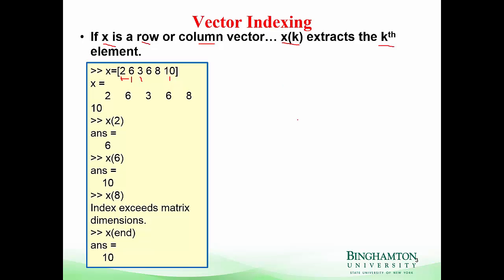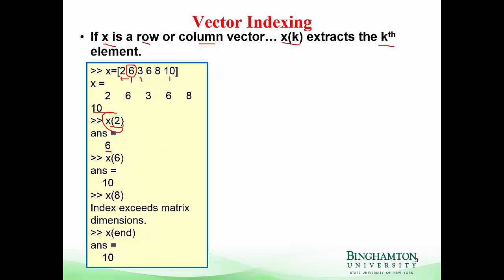So basically just starting with 1, 2, 3, 4, 5, all the way up to 6 for this. If we create this vector, and I've made the text box narrow here so this last element flows down onto the next line. If we were to say x of 2, it would go in and grab the second element and reply back 6.